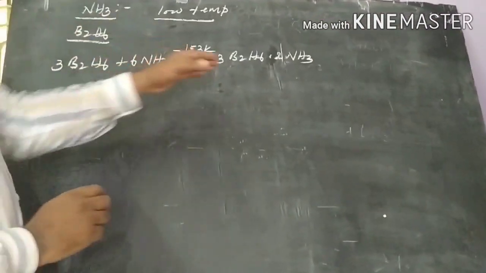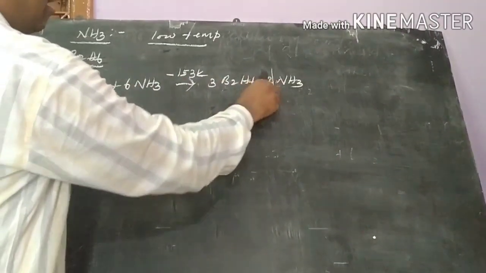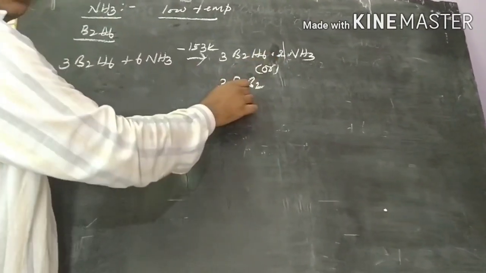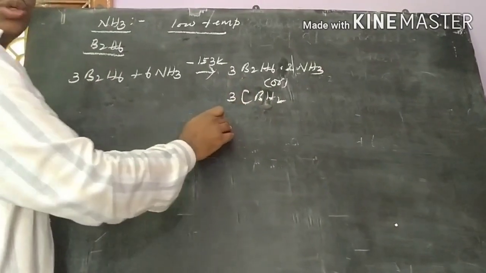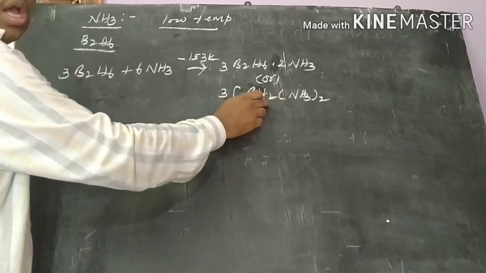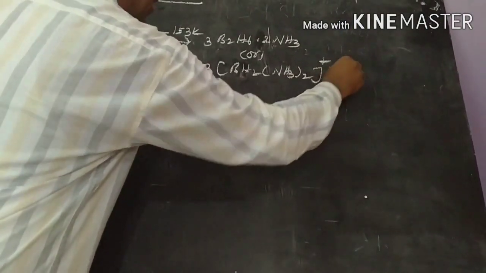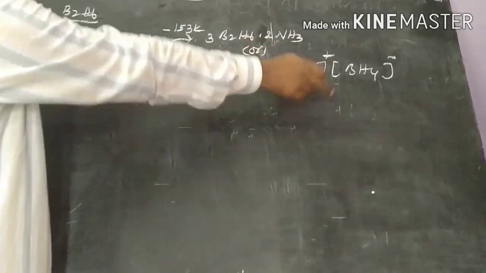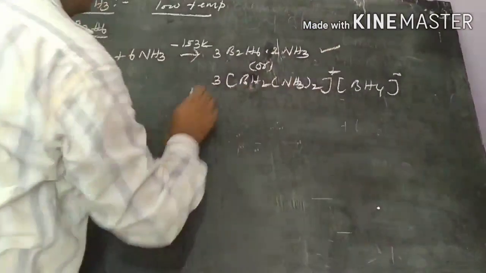That is diborane diammoniate. Or the same, 3 moles of [BH2(NH3)2]+ plus BH4 minus. That is diborane diammoniate. Okay, that is the easiest answer.